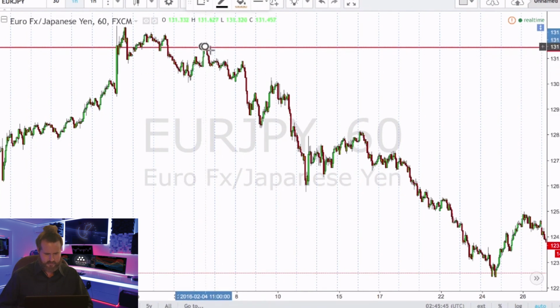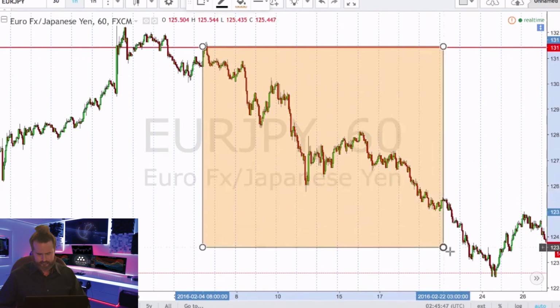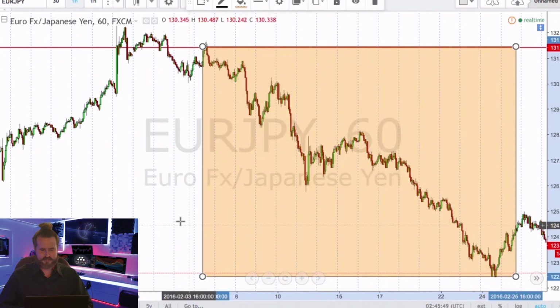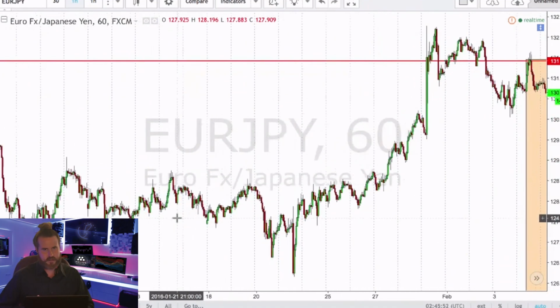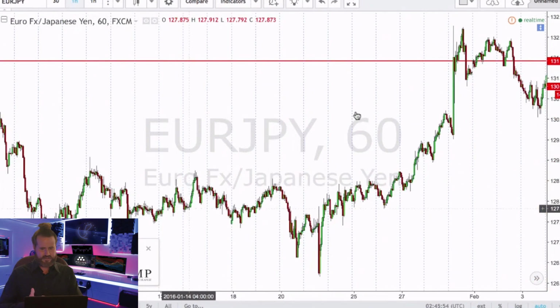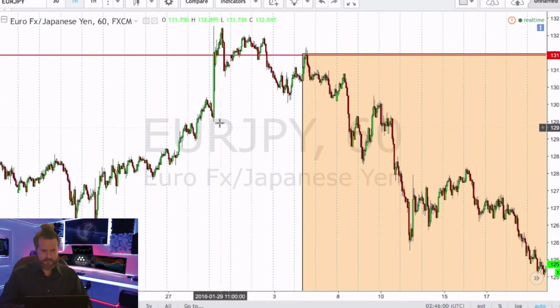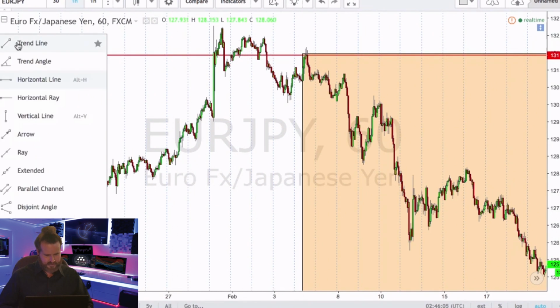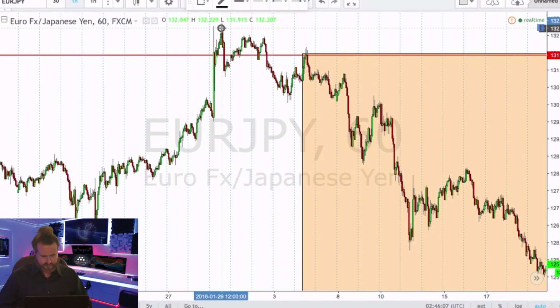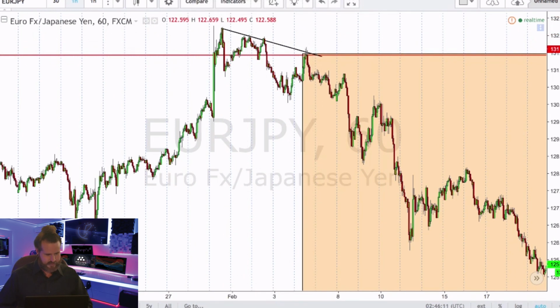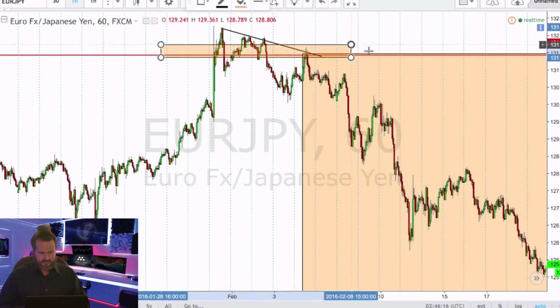Pretend you don't see any of this, because that part of the market hasn't happened yet. So you can only see this. You see an area of support. You look to see if there's a trend, so we draw a trend line, which there is, and then we utilize the power of the zone.